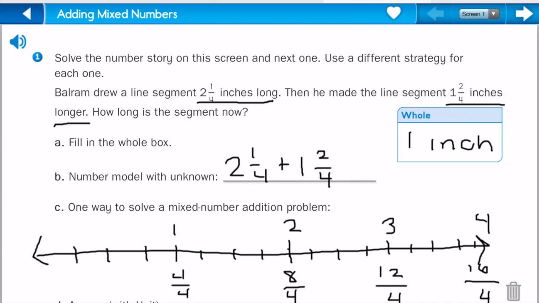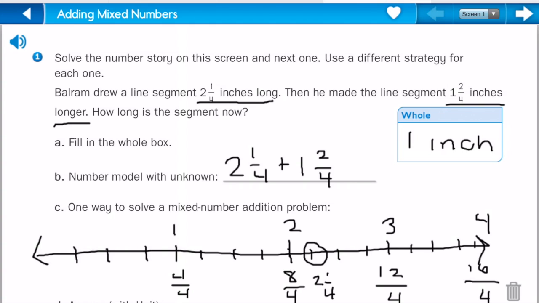So I know that Ballroom drew a line segment 2 1/4 inches long. So 2 1/4, which would be right here. This is 2 1/4. I'll go ahead and write that. 2 1/4. Then he made the line segment 1 2/4 inches longer.